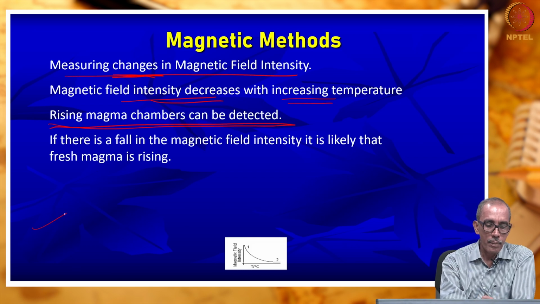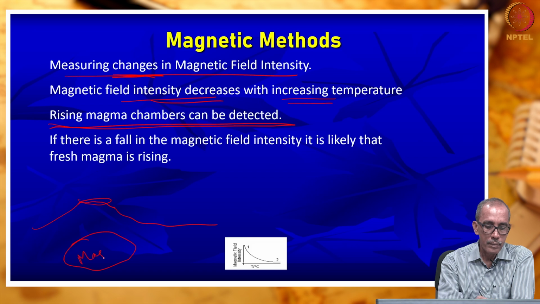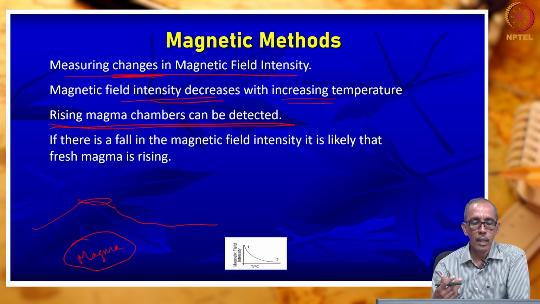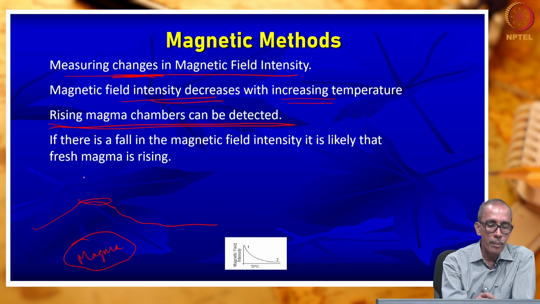Let us take the same example. So, here is the ground surface. This was an ancient crater. Here is the magma melting. Rocks are melting, becoming magma. This can be detected by continuously measuring the magnetic field intensity at the surface, right?